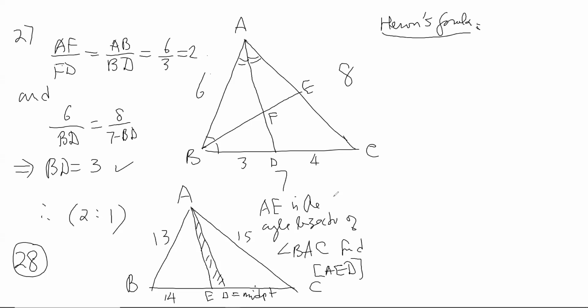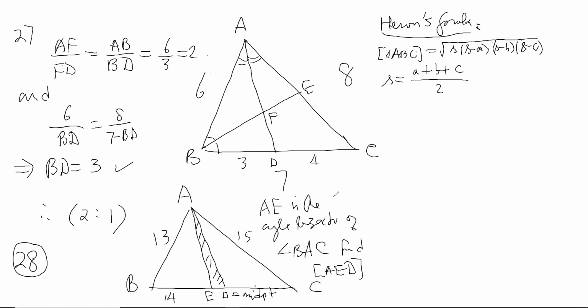It's very simple. So Heron's formula is this. The area of the triangle ABC is equal to the square root of S times S minus A, S minus B, S minus C. S is the semi-perimeter of the triangle, and A, B, C are the sides.